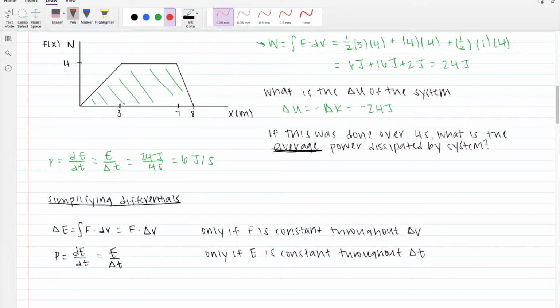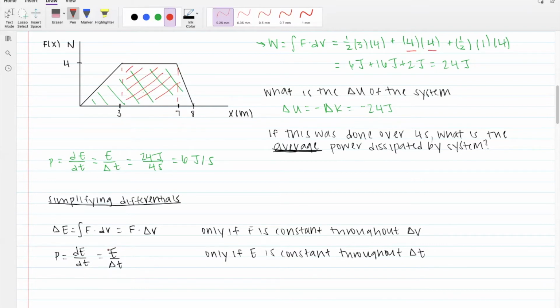Only if F is constant throughout delta distance. So between 3 and 7, we have a constant force, hence why we were able to just multiply our force with our delta distance, which is 7 minus 3.